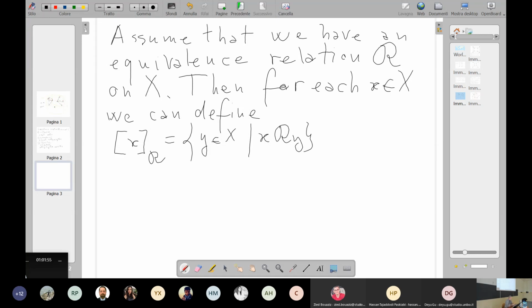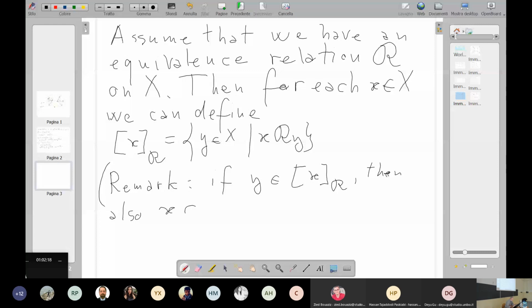Okay? Remark. If y belongs to the class of x, then also x belongs to the class of y because of the symmetry condition.